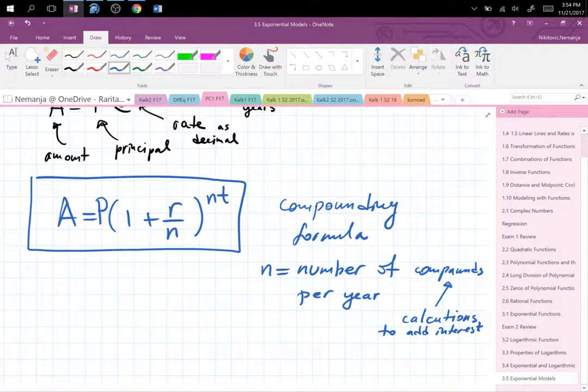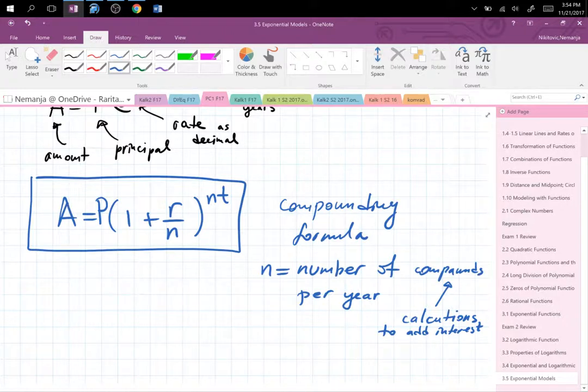So if you are borrowing $20K to buy a car, that goes for P, that's the principal. Let's say you borrowed at 3%, so that's 0.03 over here. And since you will be paying monthly, n is 12. Over how many years? 5, 3, 7. That goes for t. So 12 times 5 would be 60 up there. 60 payments.